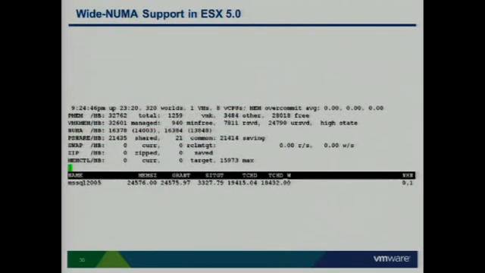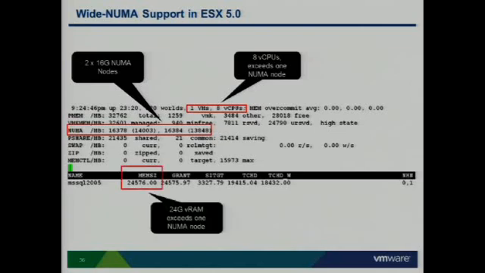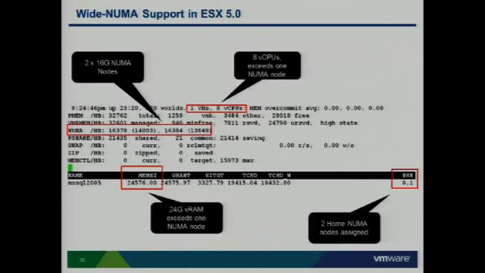Another example is that you have two 16 gig NUMA nodes again, but this time you have an 8 vCPU VM, and the number of cores in a particular NUMA node on this box is 4. So your vCPUs are exceeding the NUMA node, and your memory is also exceeding it because it's 24 gigs. In this case, if you notice, we assign 2 NUMA nodes for the VM. This is a very special case and a new feature we added.